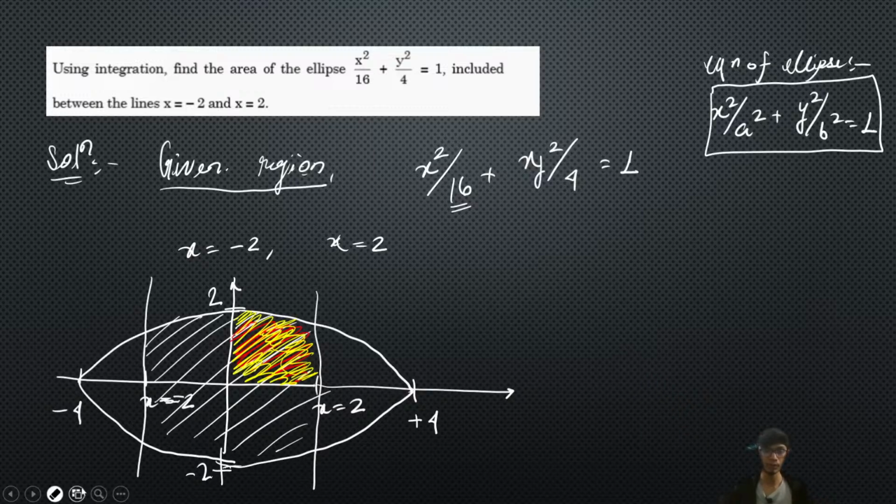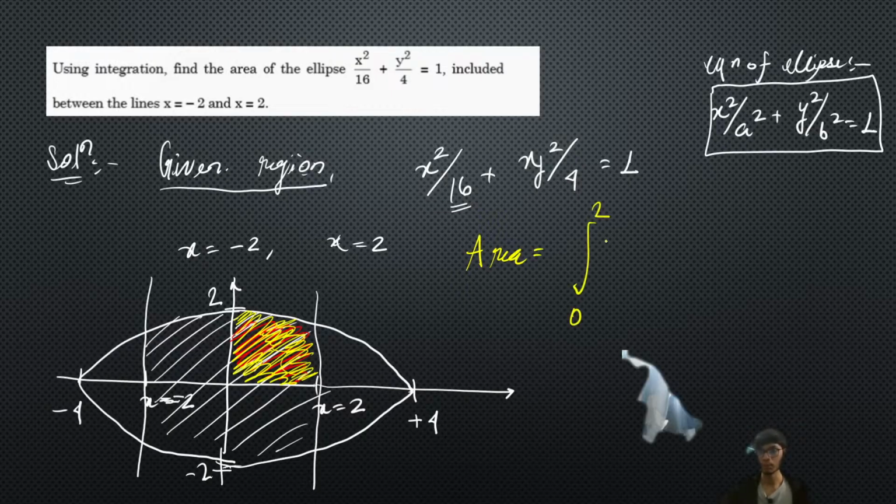So if we carry forward with the solution, our given area I am going to have as 4 times the integral from 0 to 2, and I have to separate y in terms of x, or you can do it the other way also. It's totally up to you.